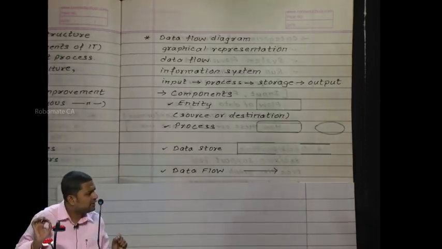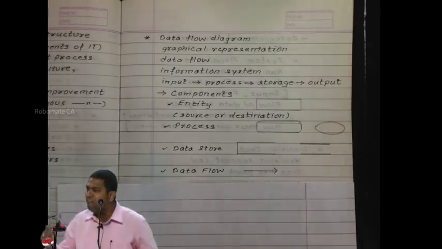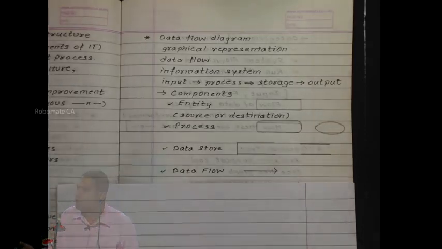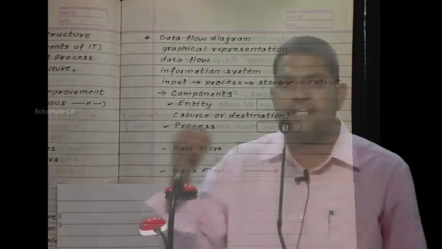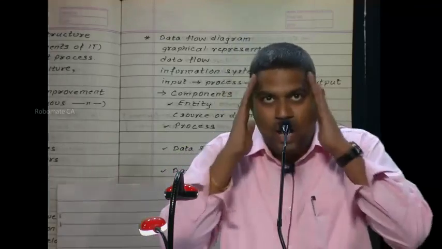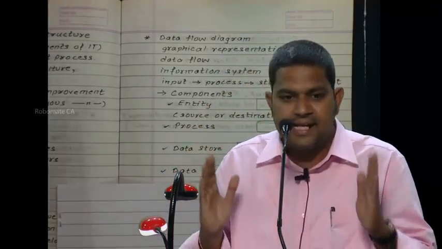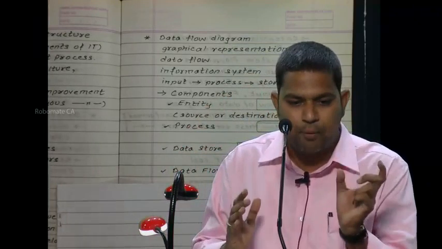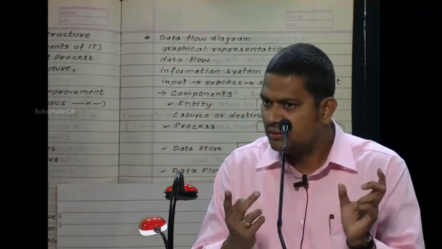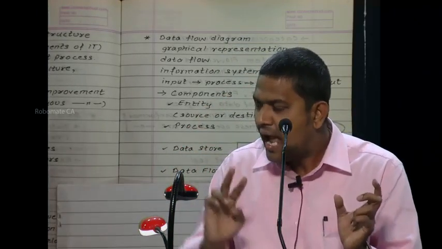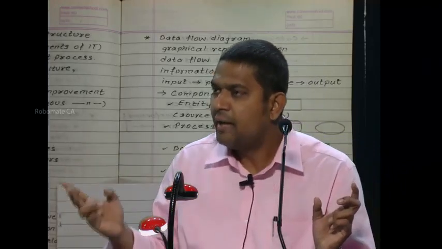If required, before presenting the output, it may be required to be stored somewhere, and a new factor comes in that is called storage. So try to understand this particular process. The data travels from being an input to the process. Data is processed and it is served as output, and many times it is stored somewhere.